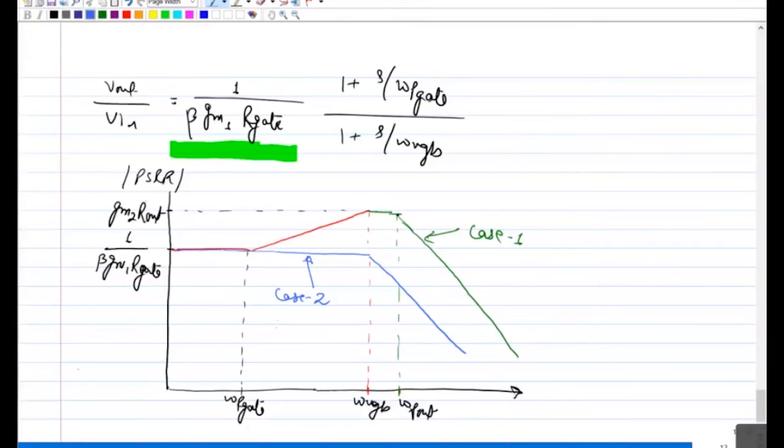So now if you see, the PSRR when the output pole is dominant is much higher compared to when you make the gate pole dominant.